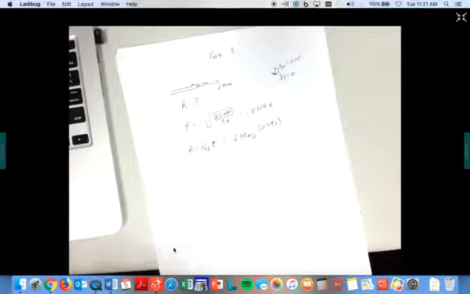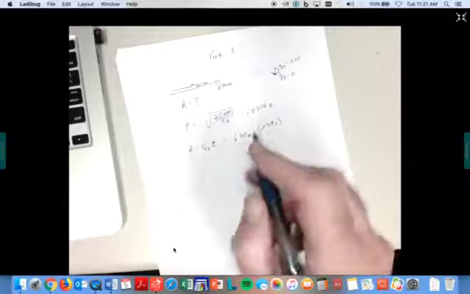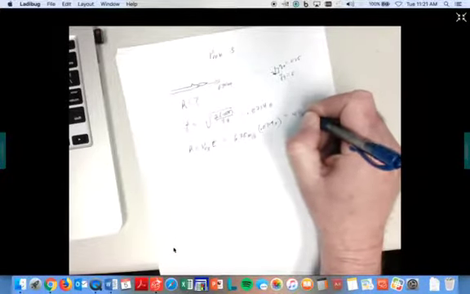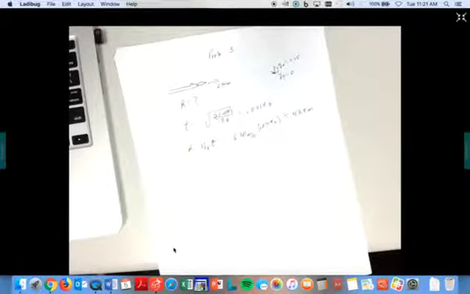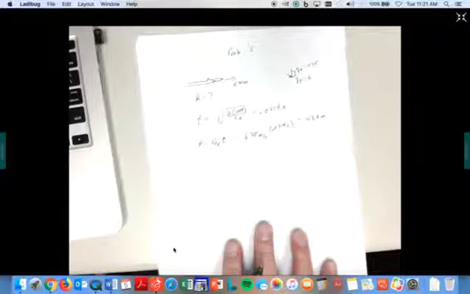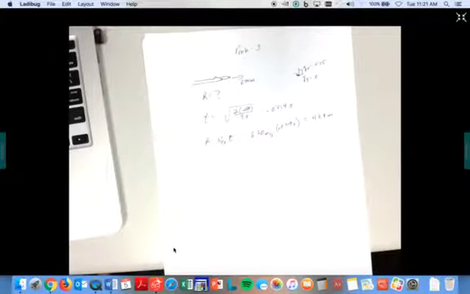Seconds are going to cancel. 47.8 meters. So about 150 yards away. It's pretty quick. Blink of an eye, people. Blink of an eye is 0.2 seconds. That's really fast.